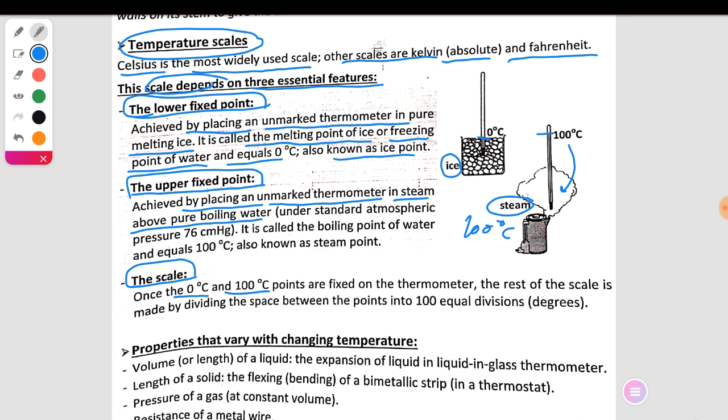Because when we add some additives to water, the boiling point increases. Under standard atmospheric pressure, because the boiling point is affected by the pressure, the normal pressure is 76 centimeters of mercury at sea level, which can be determined using a Torricelli barometer. This is called the boiling point of water, equal to 100 degrees Celsius, or known as the steam point.